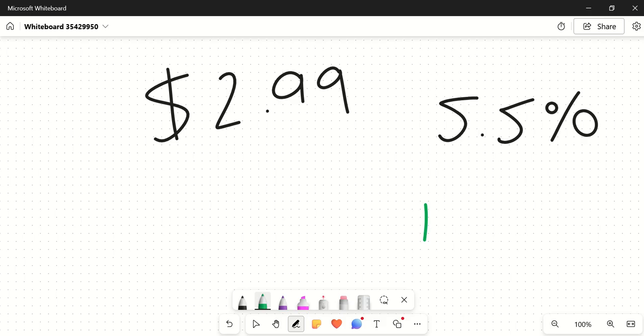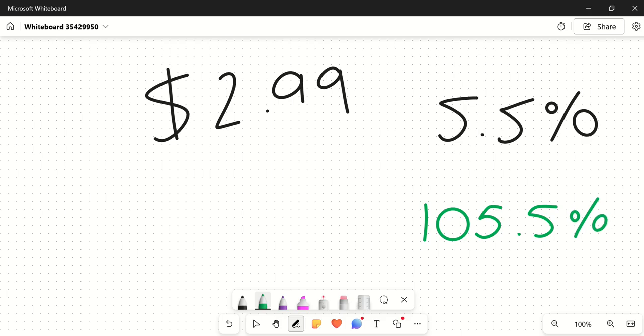We're not doing the decimal yet. Let's just do the percentage first. So that's 5.5%. I want to add 100 to it. What will that give me? 105.5%. I just wanted to add 100 to it.